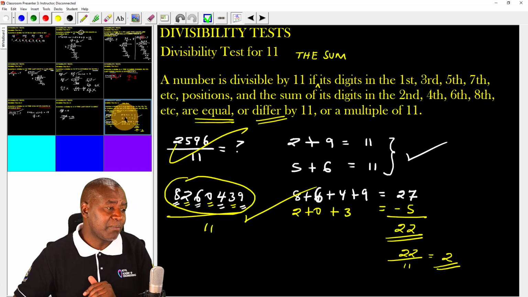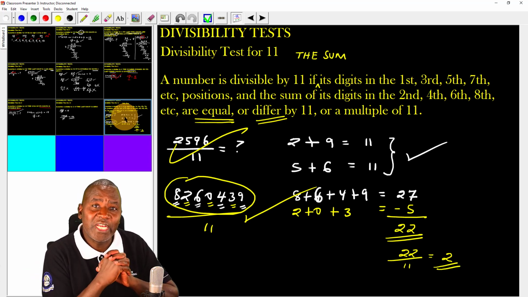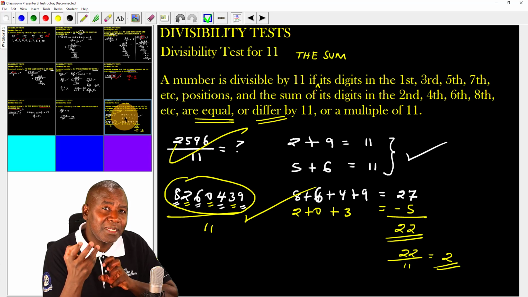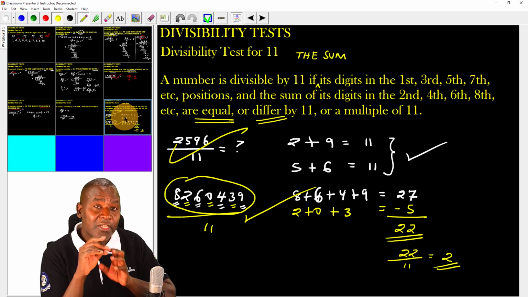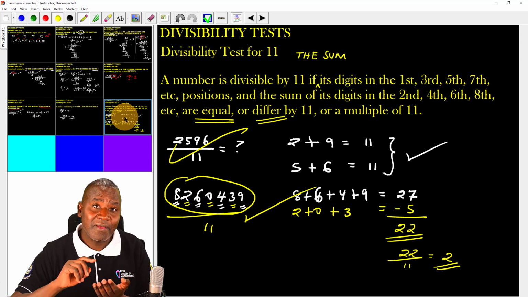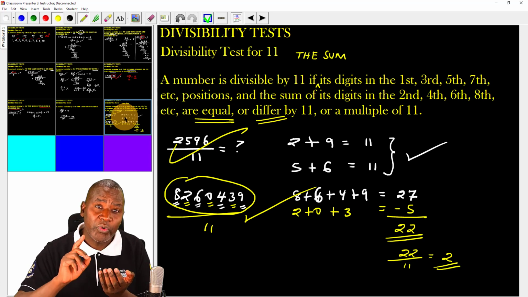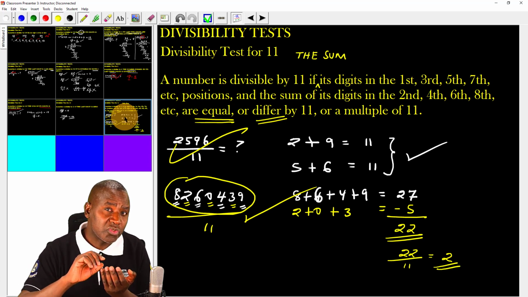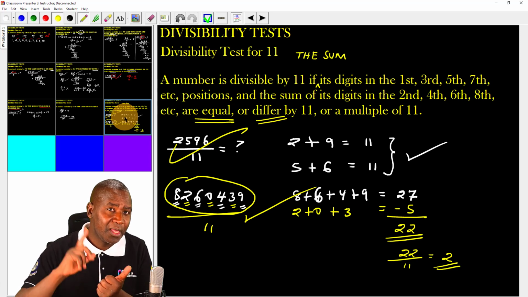And of course, the most complicated one that we have just looked at is the divisibility test for 11. But it is not that difficult, because you just need to identify. Look at the number carefully so that you can identify the positions of the following odd positions: 1, 3, 5, 7, 9, 11, and so forth.